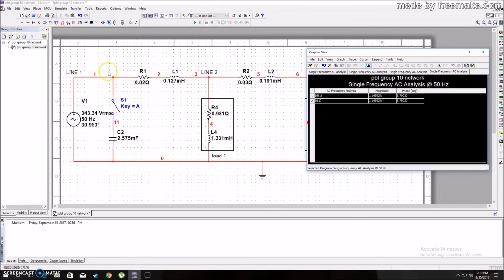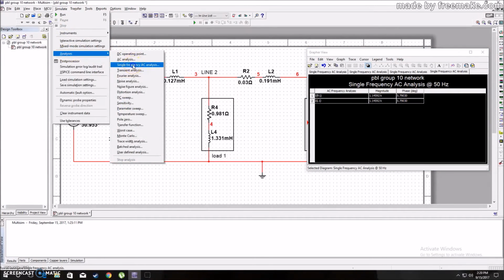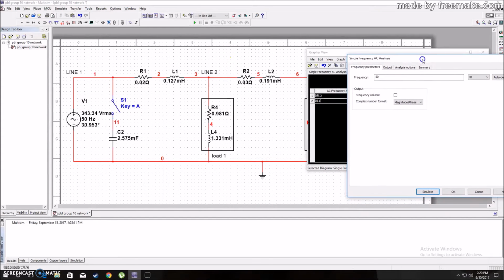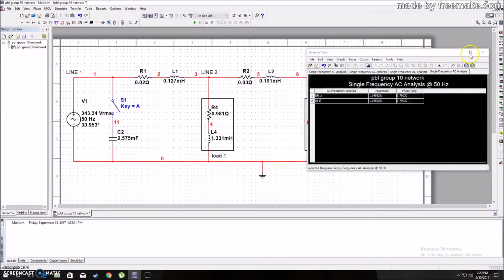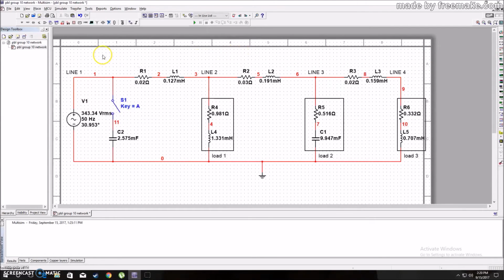We could also measure the current flowing at transmission line 1 to 2 by using Kirchhoff's current law. For example, the current that flows at transmission line 1 to 2 is equal to the current flowing at transmission line 2 to 3 and load 1.